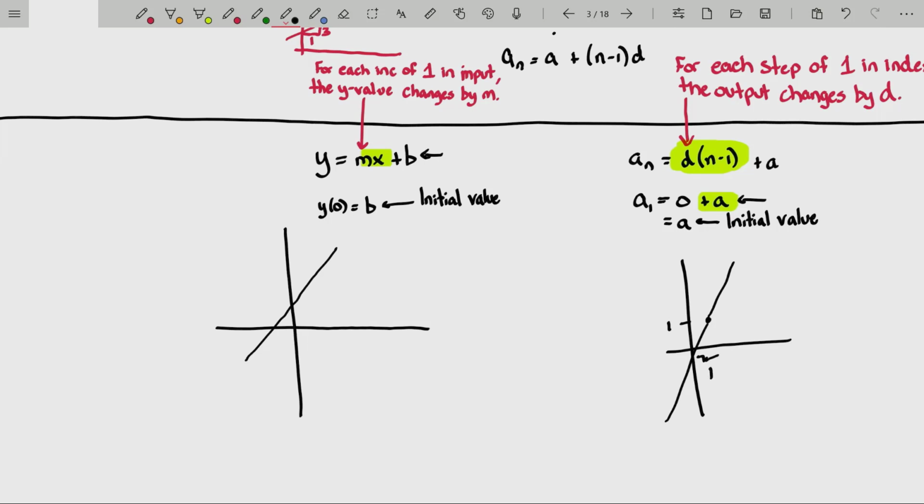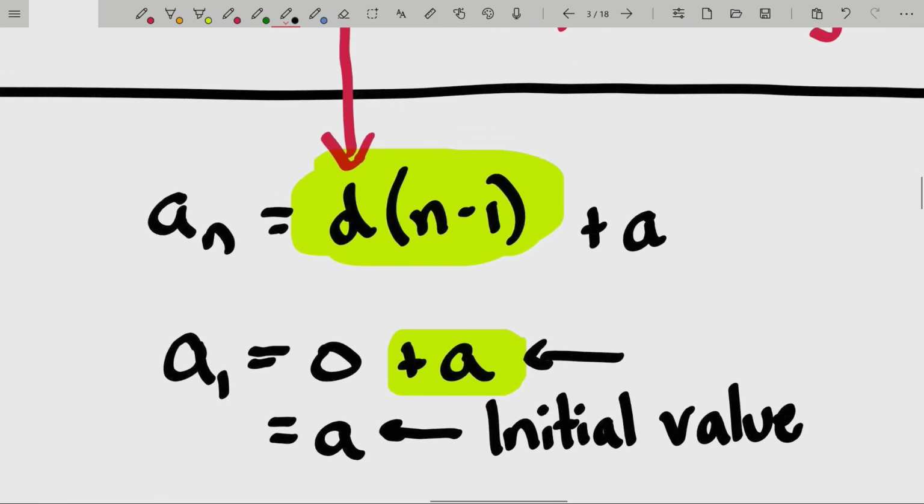And that means that instead of 3x plus 1, it's 3 times x minus 1 plus 1. You're shifting things over to the right. If that's lost on you, that's okay. Just note that it is critical that you remember the equation of an arithmetic sequence is always basically slope times n minus 1 plus initial value.